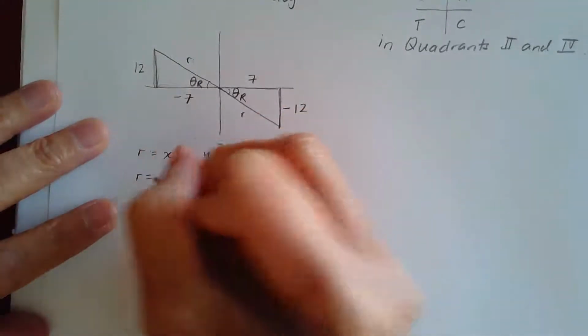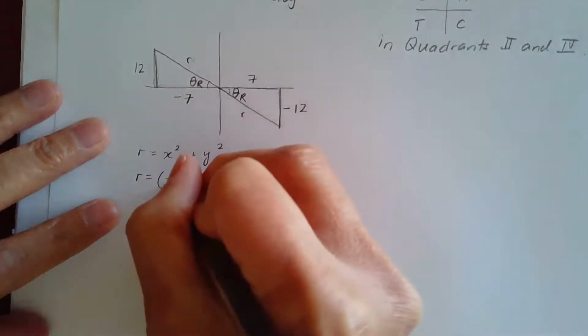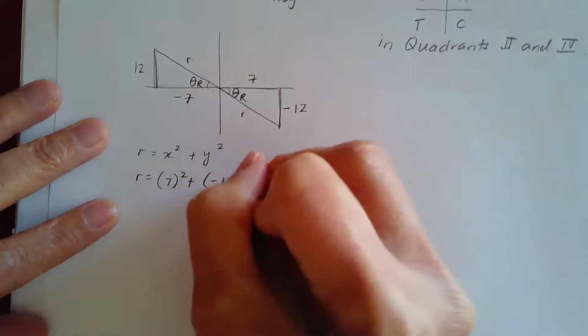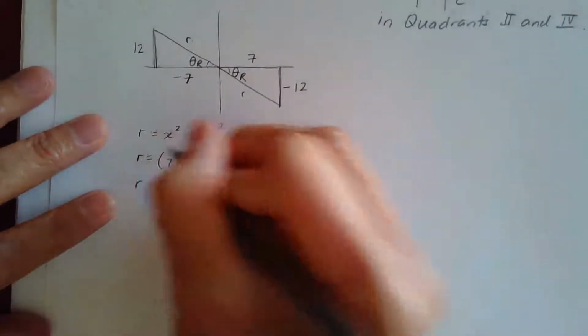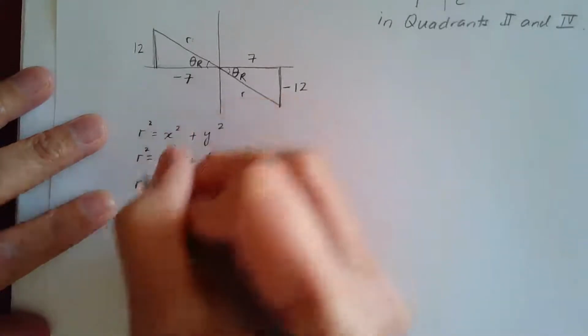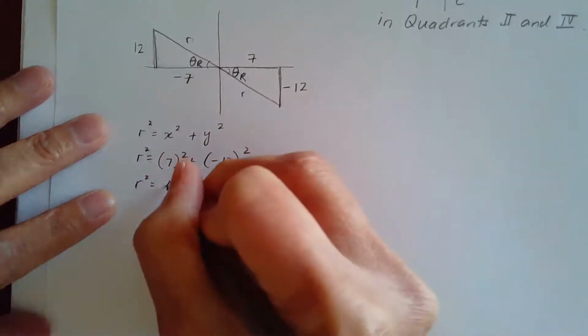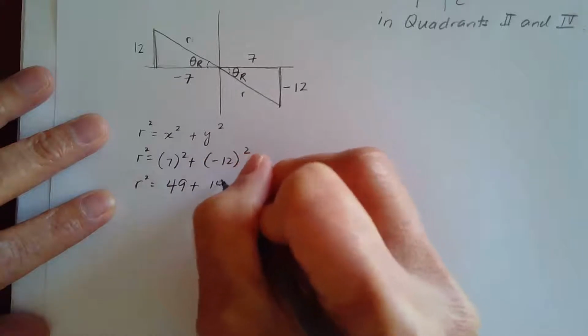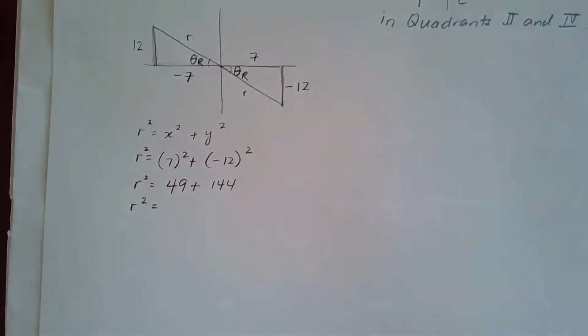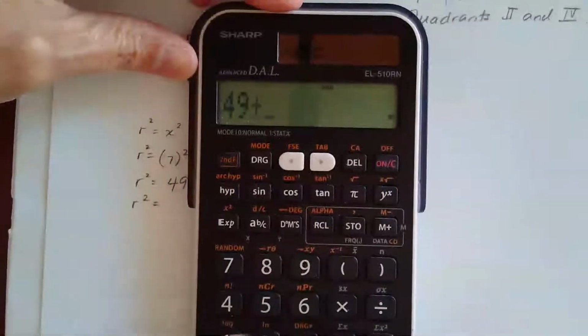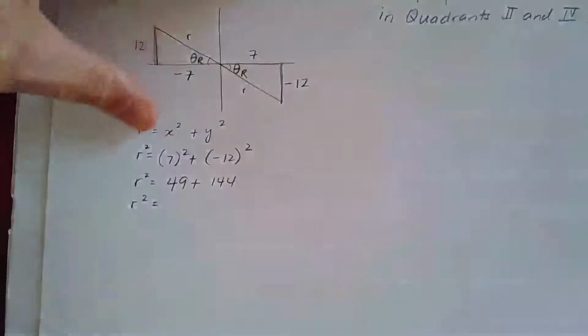So r squared is equal to 7 squared plus negative 12 squared, which is 49 plus 144, which is 193.